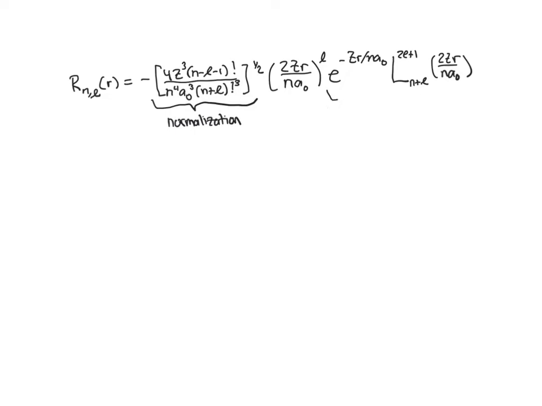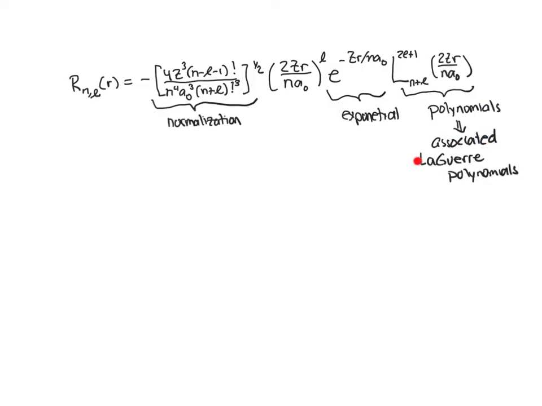Notice that we have this exponential part that is multiplied by these polynomials. So these are particular polynomials, and they're called the associated Laguerre polynomials. And this should be familiar to you because other solutions that we've seen are exponentials multiplied by a polynomial.